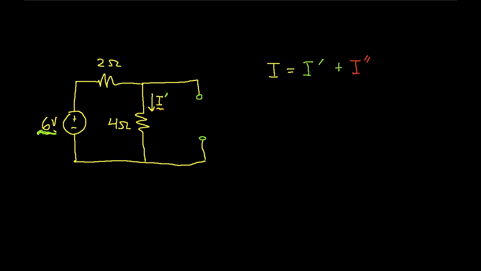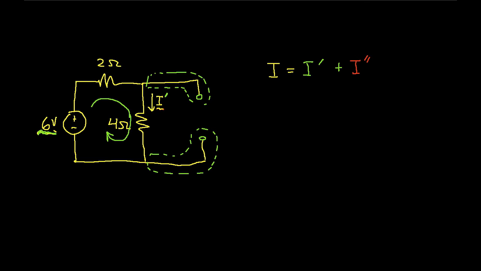So if we look at this, these bits of the circuit basically do nothing. They're just wires. So I have a single loop circuit here, with the current flowing around this way.